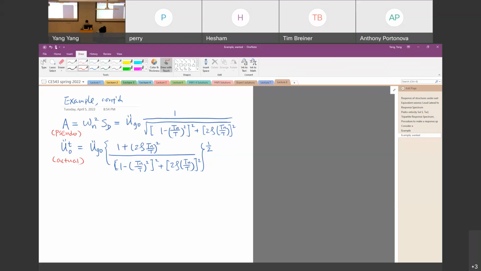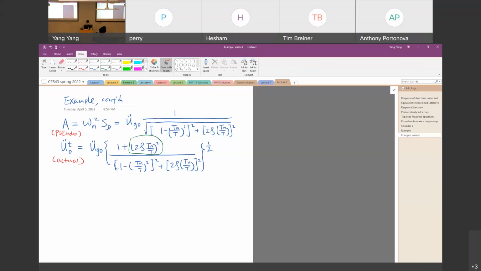Yeah, because if you look at what's the difference here: the actual acceleration amplitude has a term there, but the pseudo one does not have that term.